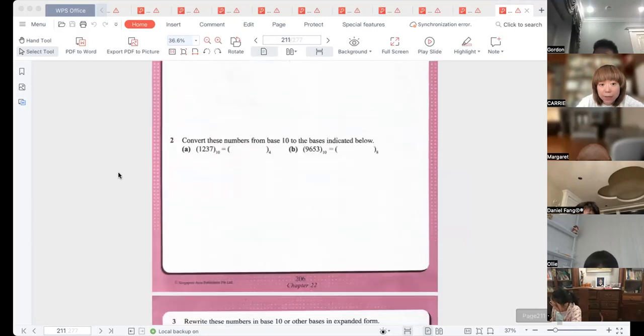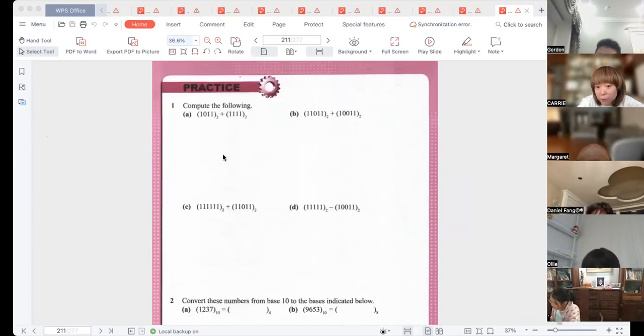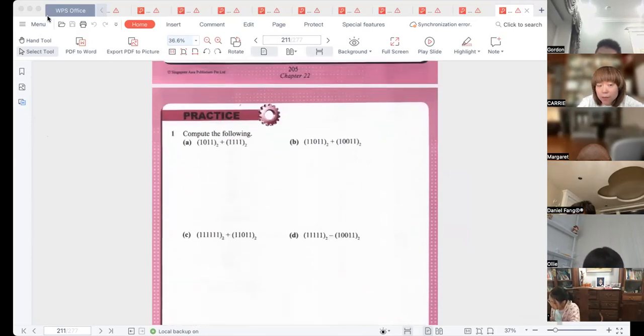Okay, so let's take a look at that one, okay? So we're going to start to practice it. So first of all, we're going to do the plus. And the last one, A, B, C, D. We have 4 questions, right? So for these 4 questions, we're going to start to practice the plus for the 3 calculations. And the 4th one is minus.